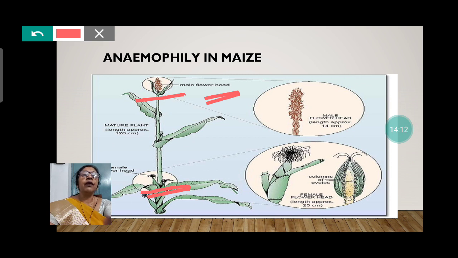Large numbers of pollen grains are produced from this tassel, and they are blown with the help of wind and come onto the stigma present at the lower portion, and in that way the cobs get pollinated. So very simple. Okay.